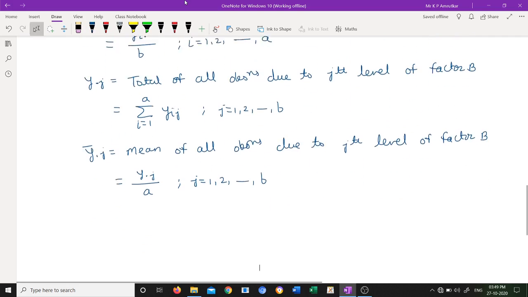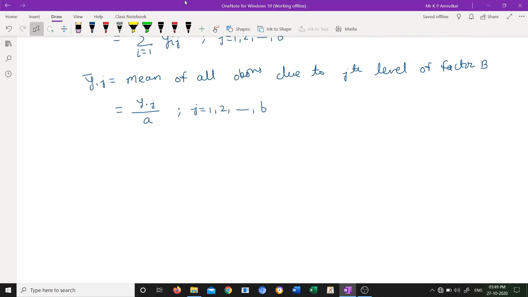Next notation is y dot dot, or we can say it is G. G or y dot dot means the total of all observations. Sometimes we denote this as the grand total.